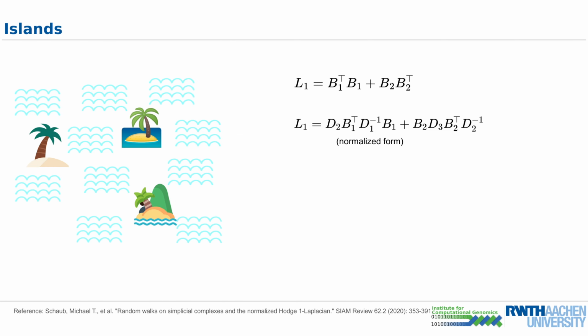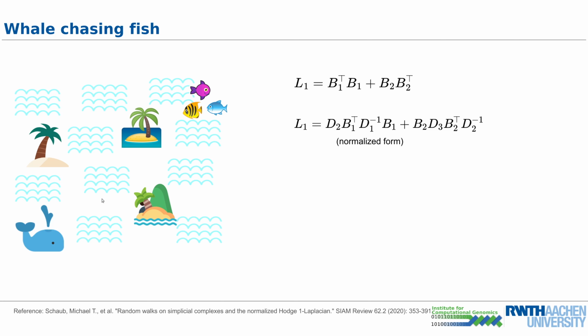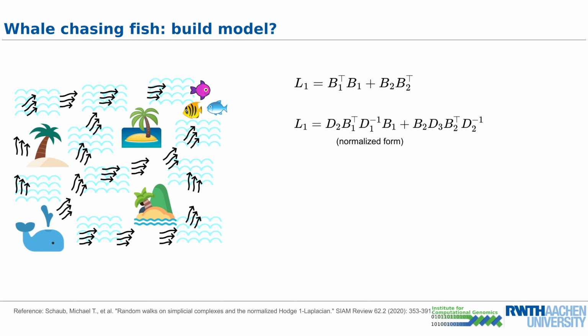To demonstrate how Hodge Laplacian works, assume there are 3 islands in the sea. If a whale wants to chase these fishes, it can take paths like 1, 2, 3, 4. Can we build a model on this?